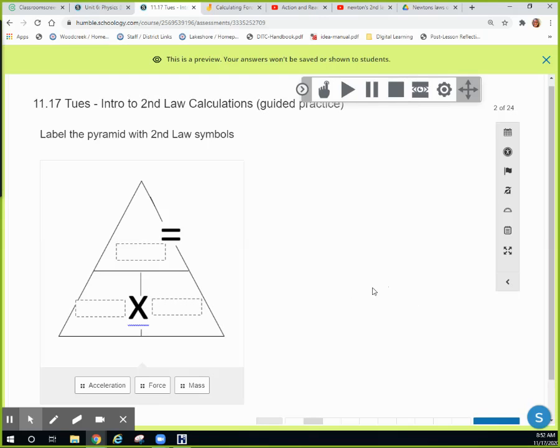We are going to use this to calculate force as well. Force goes on the top. Force equals mass times acceleration. Remind me, what does this line mean? This line underneath force also means divide. The vertical line means to multiply, and this horizontal line means to divide.